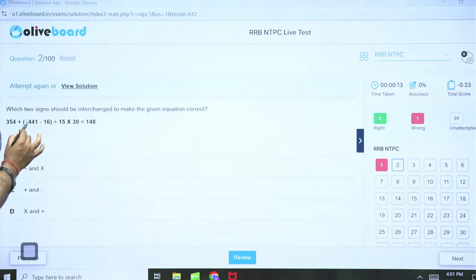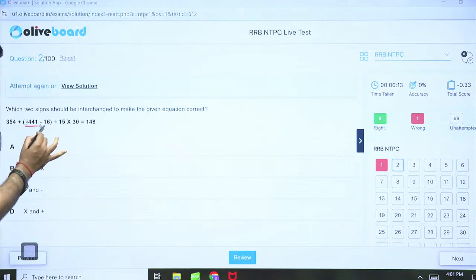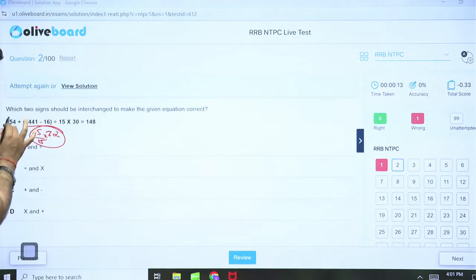So root 441 is 21, 21 minus 16 is 5, 5 divided by 15 into 30 is going to give you 10. 10 plus 354 is never going to be 148. Now this 354 is also a problem.